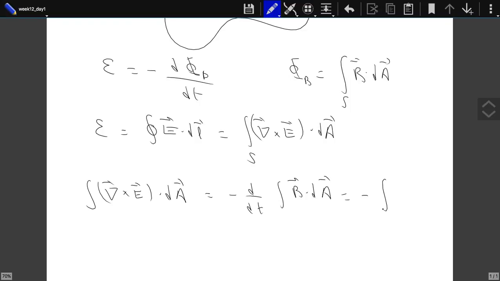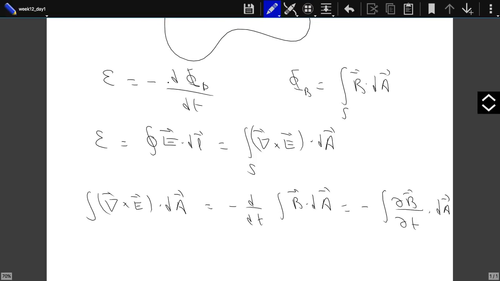If the area is changing, we cannot move it inside. But since the area is constant, we can move the time derivative inside, but since B depends on both time and also position in general, it becomes a partial derivative. There is a 1 over c over here.